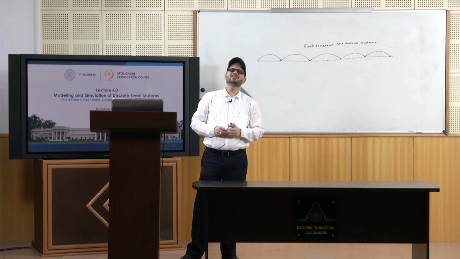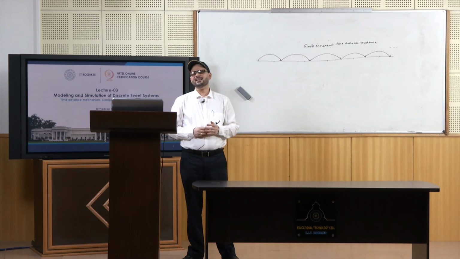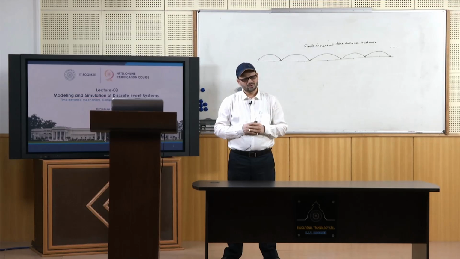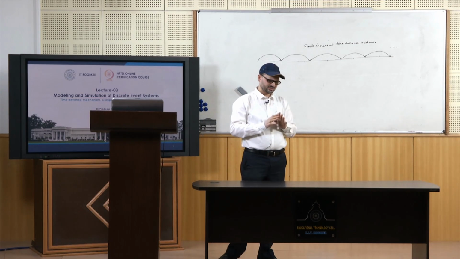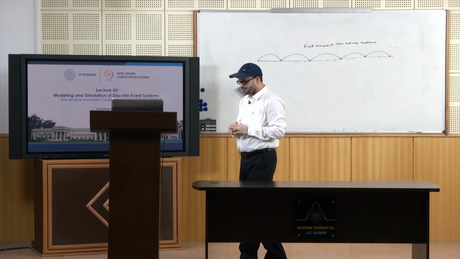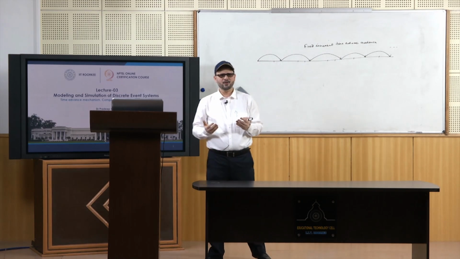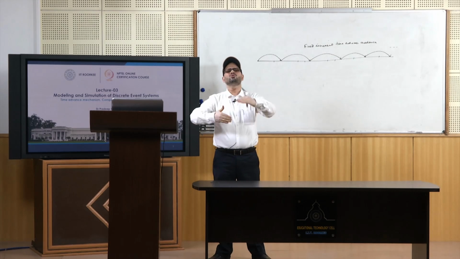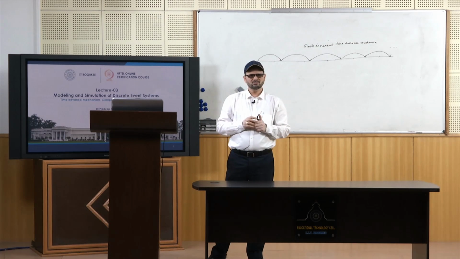Then you have the report generator. This stage will come when the end condition is fulfilled, when you feel that there is the end of the program. Once the termination condition is satisfied, you are told to make the report.